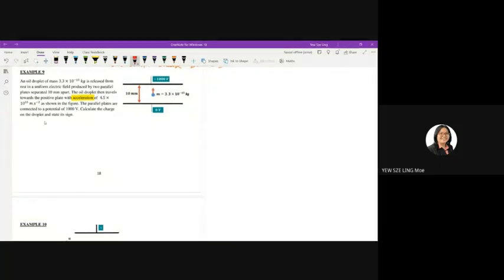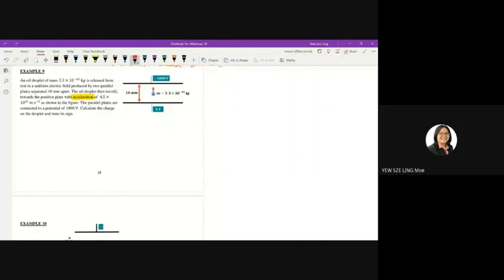So now we want to calculate the charge. Which equation should we use here? Well, we have acceleration, we have a mass, we know the potential difference across the plates is 1000 V, and we are given d.